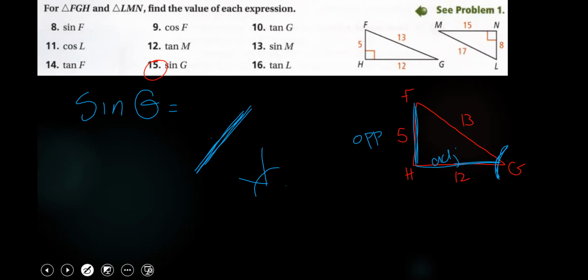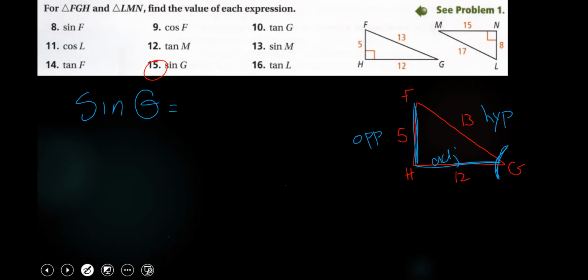What is the name of the longest side in a right triangle? Hypotenuse. Yes, the longest one is the hypotenuse. Then, okay, now sine G.